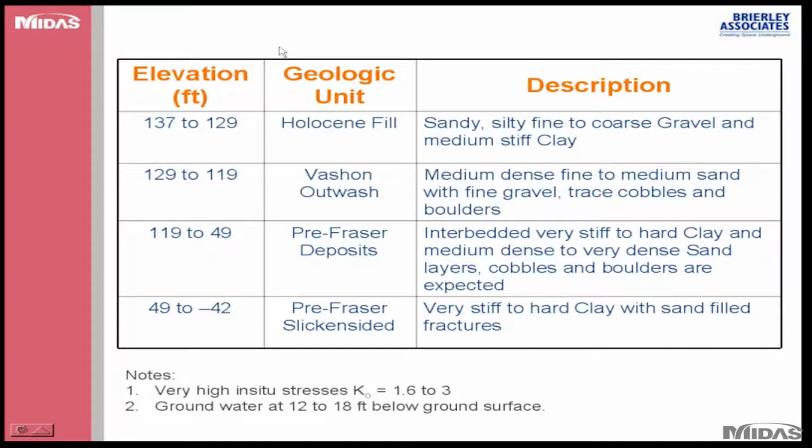In that formation, the in situ stresses are significantly high, and based on some in situ measurements, the K0 values ranged from about 1.6 up to 3, even though I doubt the 3, but that's what was measured in the field. So I would imagine it's more like 1.6 to 2, 2.5 at most. These are basically the geotechnical conditions at the launching shaft site.